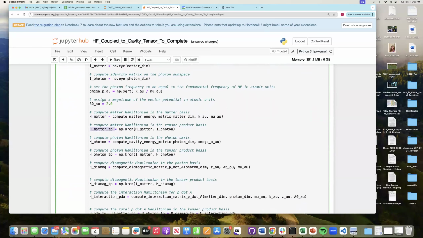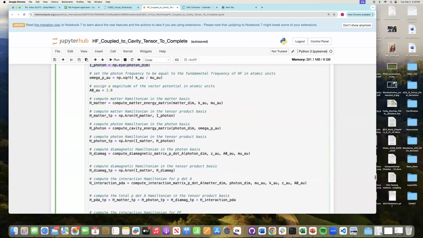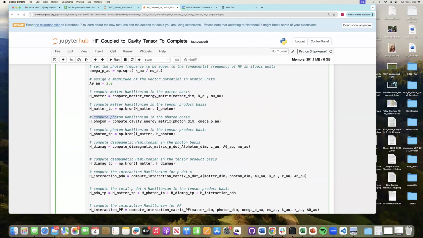Here we're taking the tensor product between the matter Hamiltonian and an identity on the photon subspace. So this is the identity on the photon subspace. Next, we're going to compute the cavity Hamiltonian and take the tensor product of an identity on the matter subspace with the cavity Hamiltonian. Then we'll compute the diamagnetic Hamiltonian. That's all in the photon subspace.